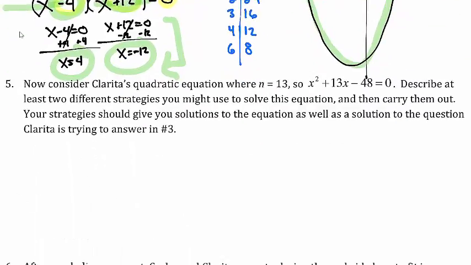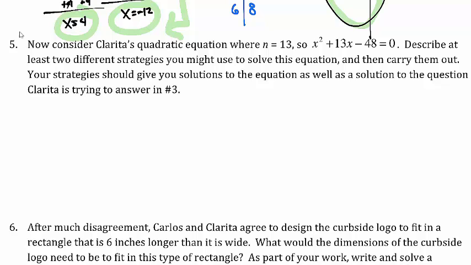All right, so here's your task. Now consider Clarita's equation where n equals 13. So x squared plus 13x minus 48 equals 0. Describe at least 2 different strategies you might use to solve this problem, then carry them out. Your strategy should give you solutions to the equation.